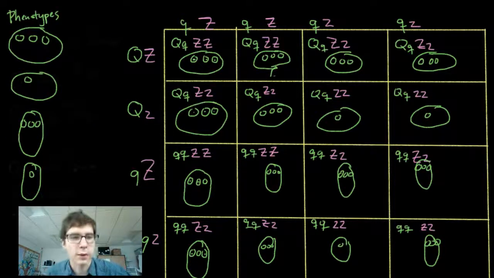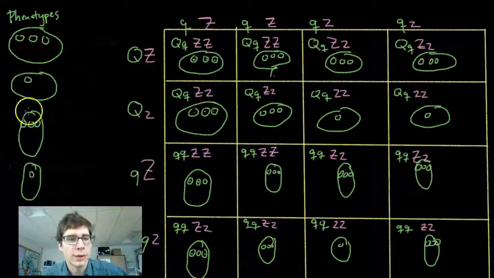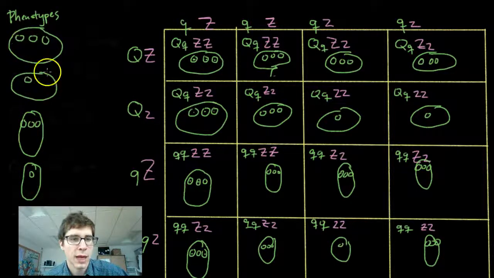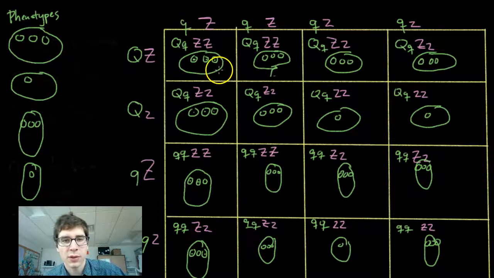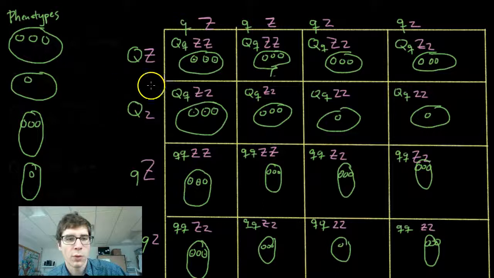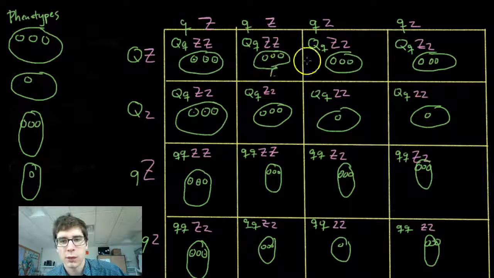Okay, so here I've redrawn this. We have all these 4 different phenotype combinations: wide with 3 eyes, wide with 1 eye, narrow with 3 eyes, narrow with 1 eye. So let's go through and count these up. The wide with 3 eyes, we have 1, 2, 3, 4, 5, 6.